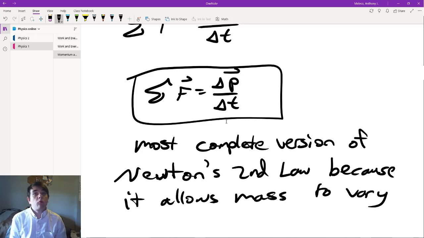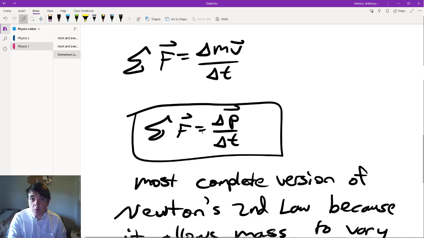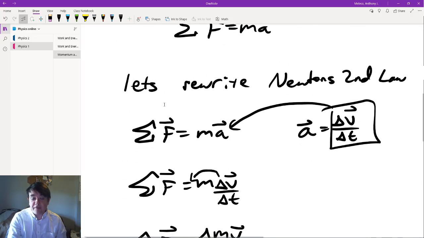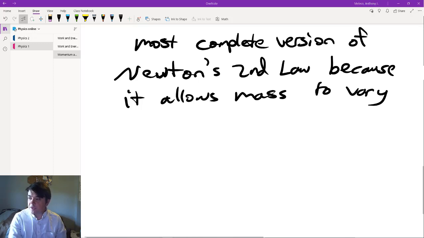So you can do stuff like rocket problems, where you could figure out the force if you're changing the mass of the rocket. You're seeing how the momentum, or the mass times velocity, changes, and how that influences force. So it's pretty important. This is the most complete version, more so than the more famously written equation. But of course, both can be useful for their own respective problems.